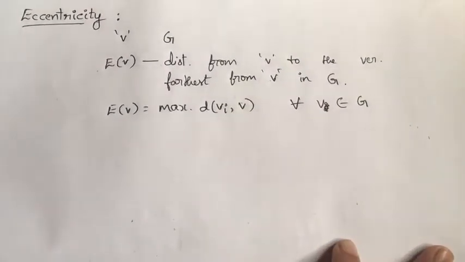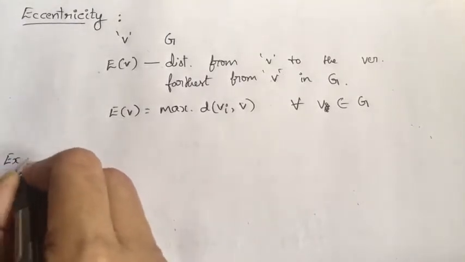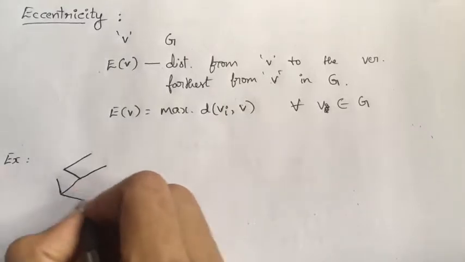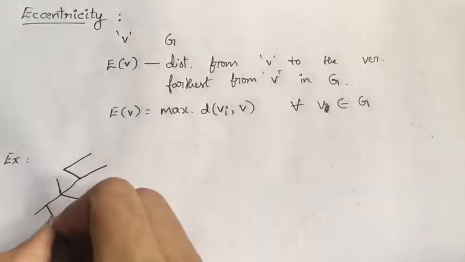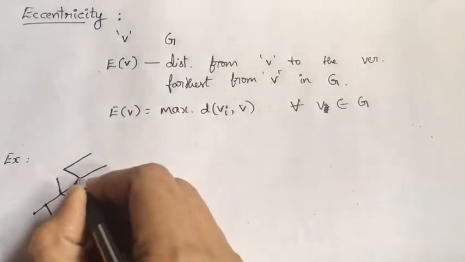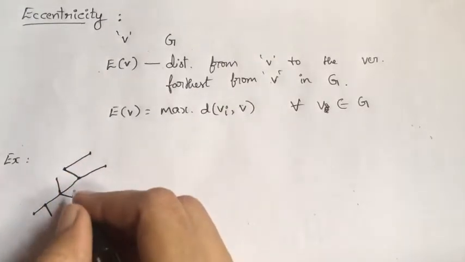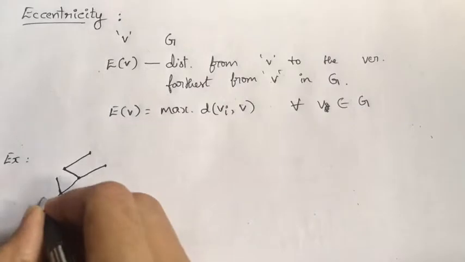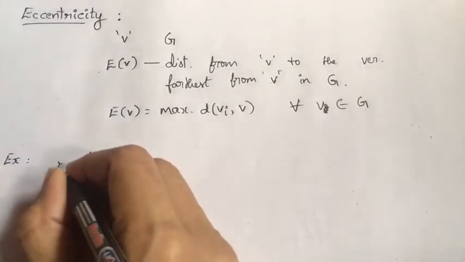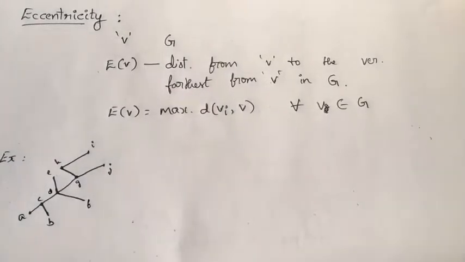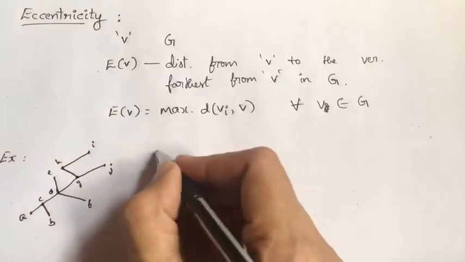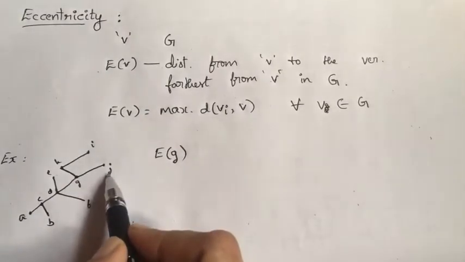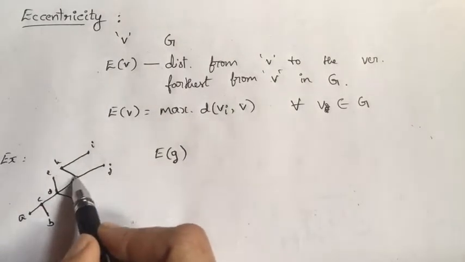For example, first I'll take a tree. If I consider these as vertices A, B, C, D, E, F, G, H, I, J. Now if I want to find the eccentricity of say G. The distance between G and J is 1, and even for D the distance is 1.